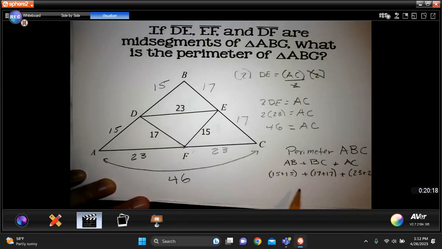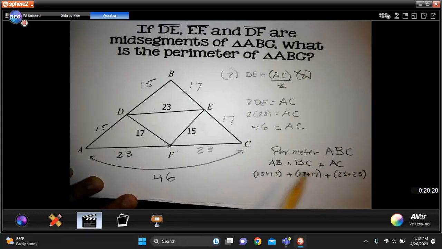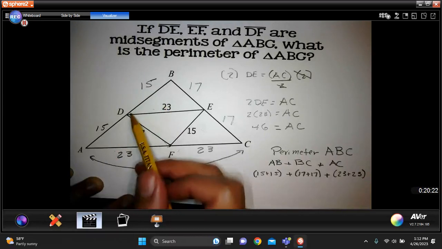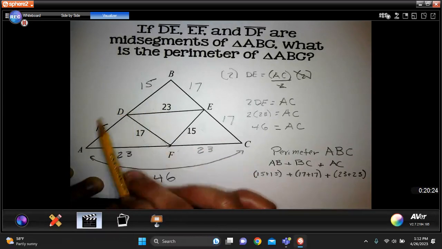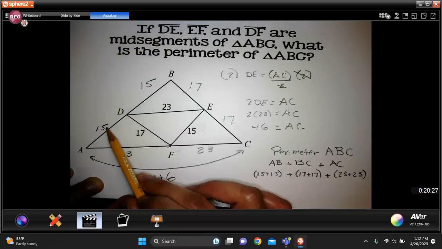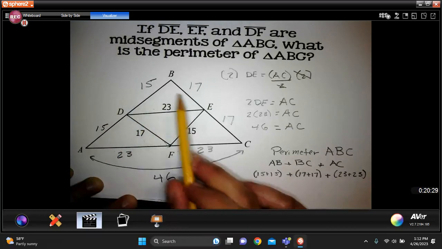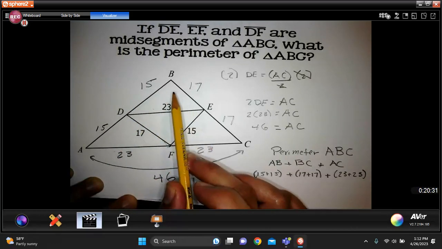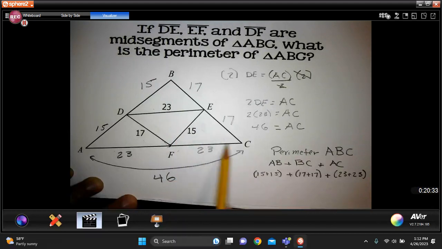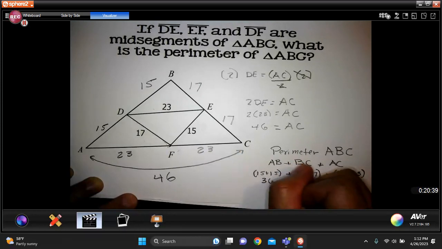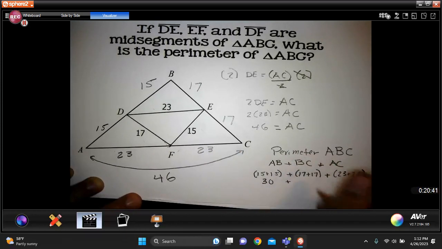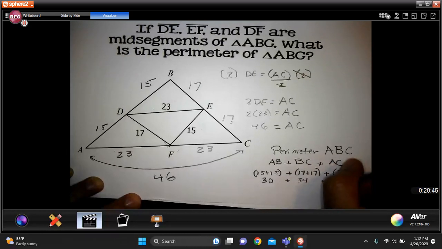The only reason I'm rewriting this as the sum of the two pieces is because I want you to see that AB is composed of segments AD and DB, side BC is composed of BE and EC, and AC is composed of sides AF and FC. Now I just need to add all this: 30, 34, and 46.